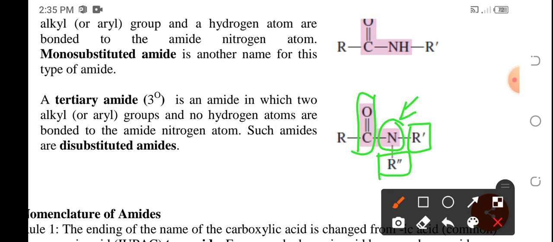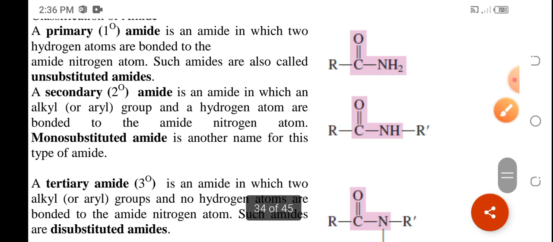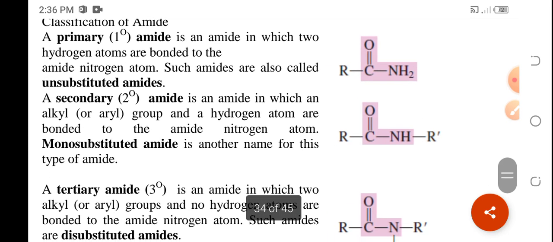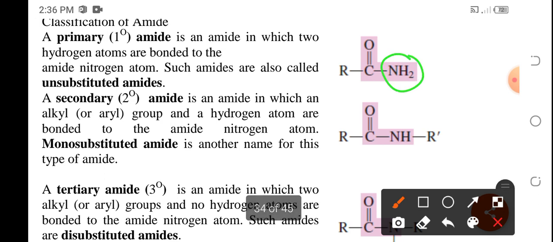So as you can see, the bond requirement for nitrogen is 3. It should always bear 3 bonds, unlike the carbon atom, which has a 4 bond requirement. So, recap: in a primary amide, the nitrogen will have 2 hydrogens.